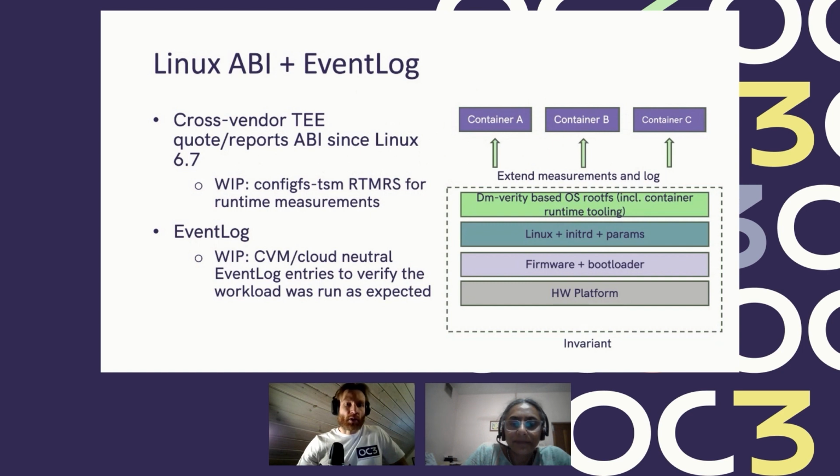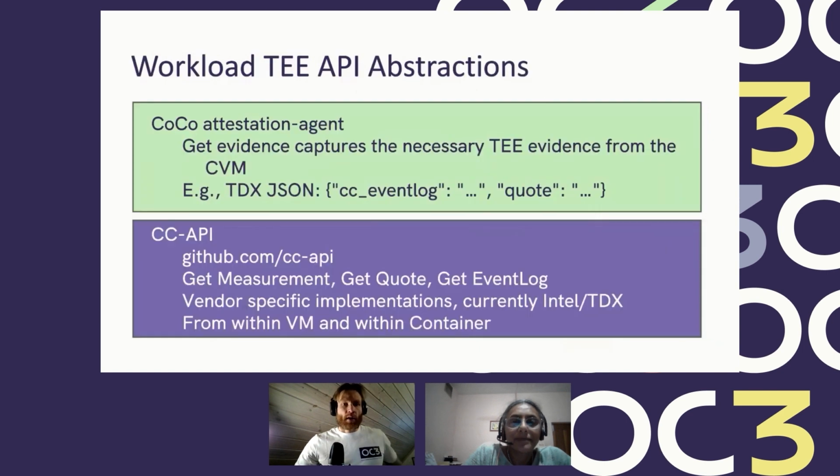So we are working in the COCO community to define what type of event log structure we need for cloud native workloads, to make sure that the necessary information from cloud-like environments is captured in the event log.